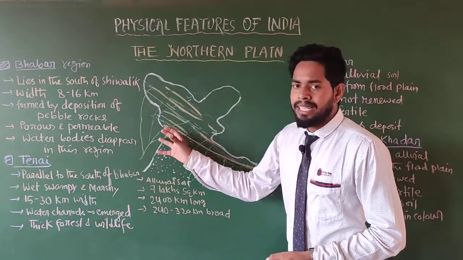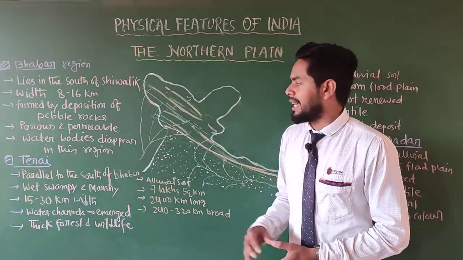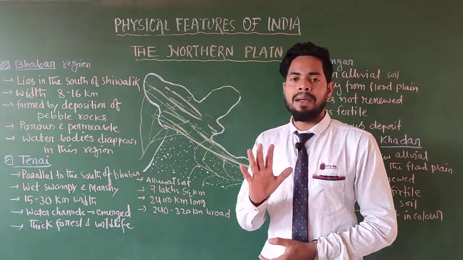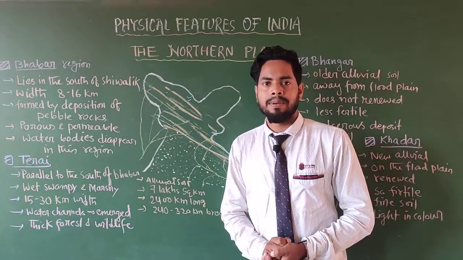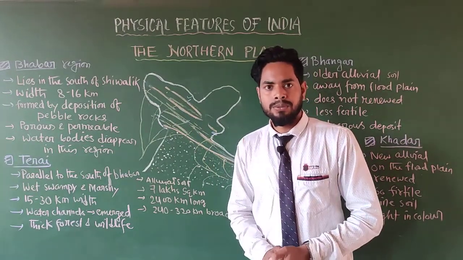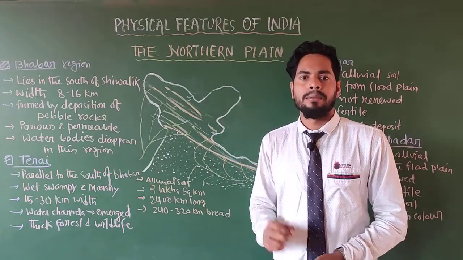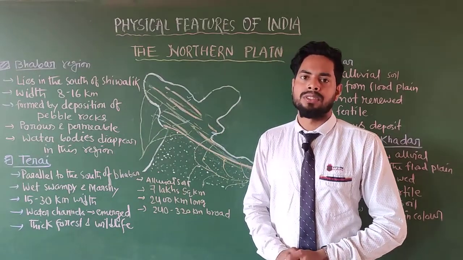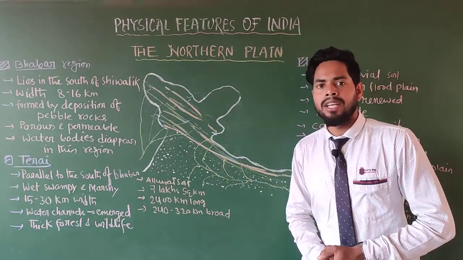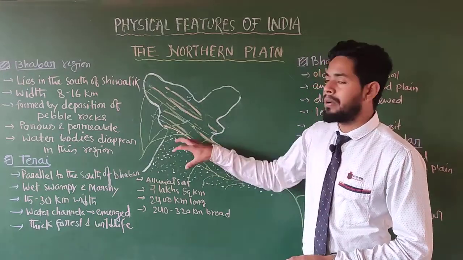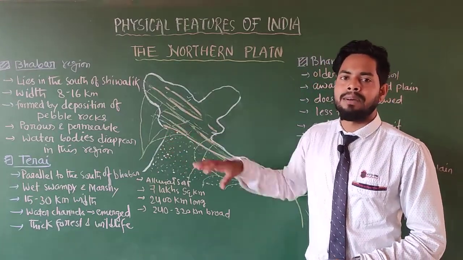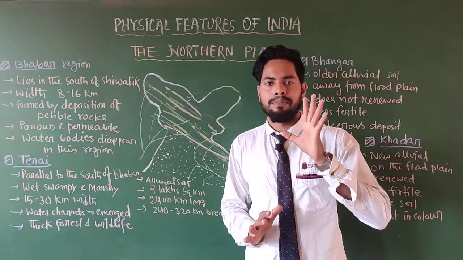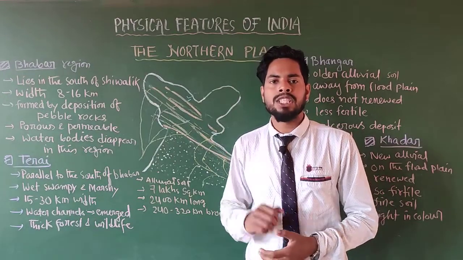It is mostly developed by the interplay of the Indus river and its 5 tributaries: Satadru, Chenab, Beas, Jhelum, and Satluj. These tributaries all help to form the northern plain in the Punjab region. Punj means 5 and Ab means water.